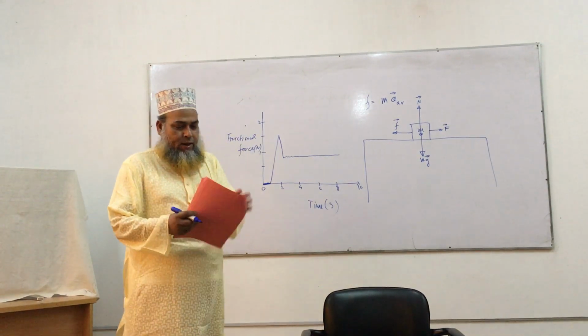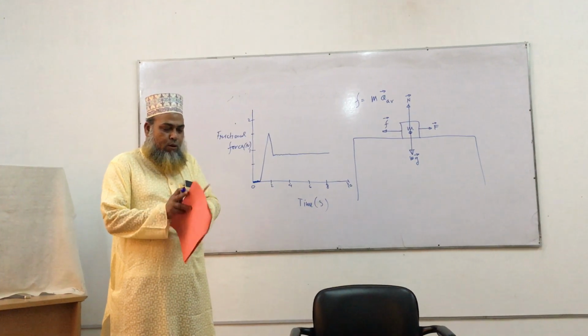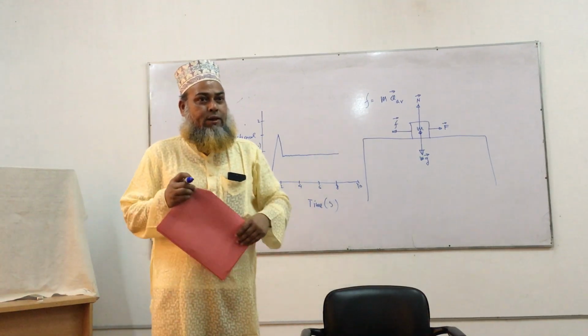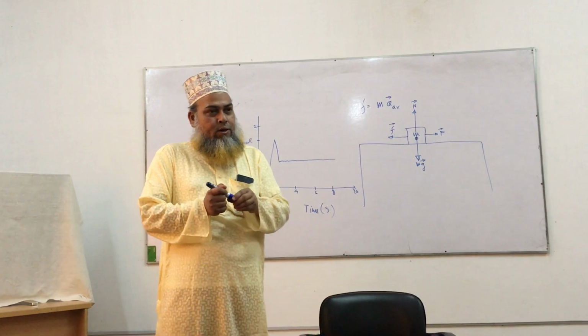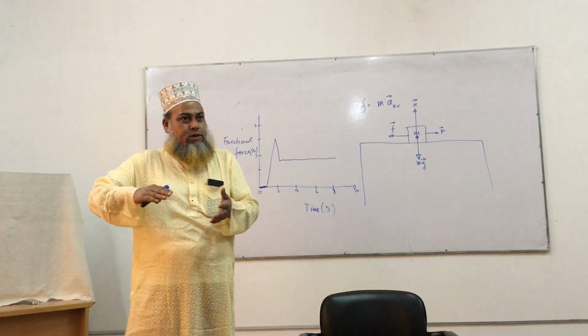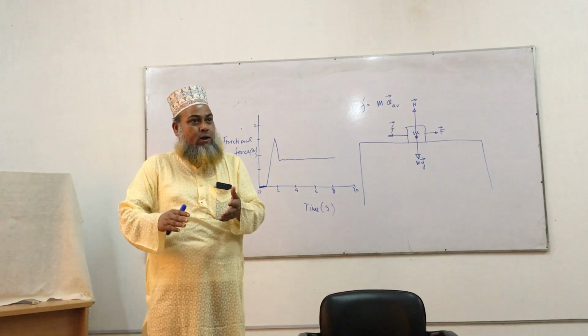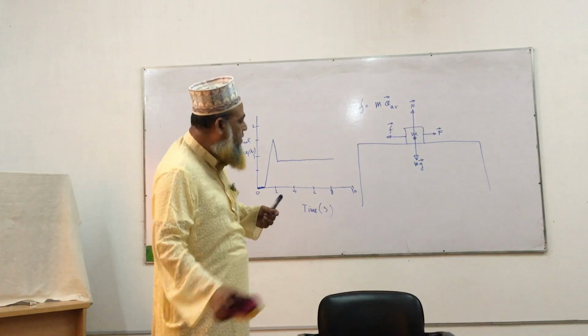Okay, next. Now come to the point that there are two types of friction. One is called static friction. At the beginning, I said that whenever a body rests over another body, there is also frictional force. So what is static friction?